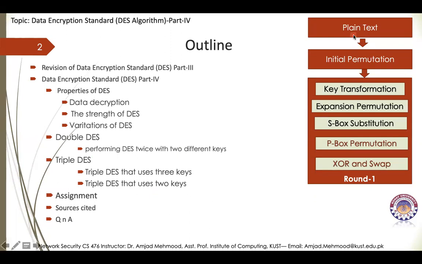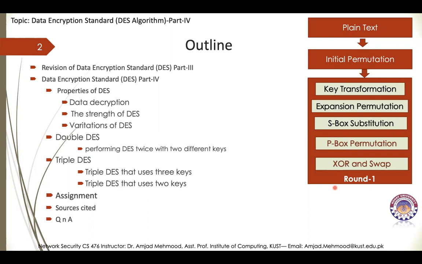Just for a brief introduction, you can see on the right side we have a DES round 1 explanation. As I mentioned, if you understand round number 1, the remaining rounds will be easy, as you know that we have a total of 16 rounds in DES.